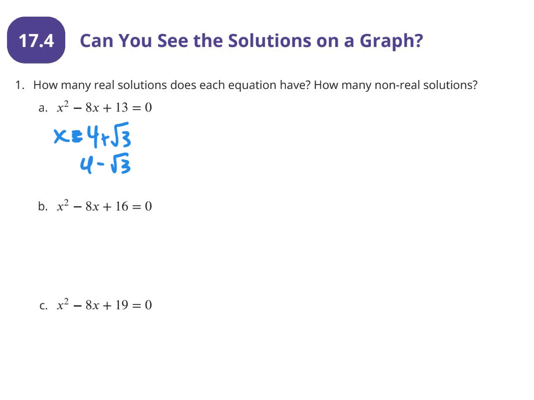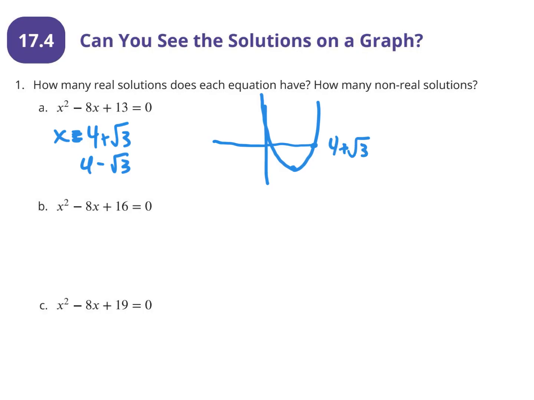So what does that mean? If we were to graph this, and I graphed it on the calculator, this point right here, where it crosses x, is 4 plus root 3.